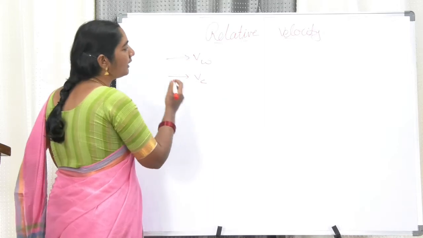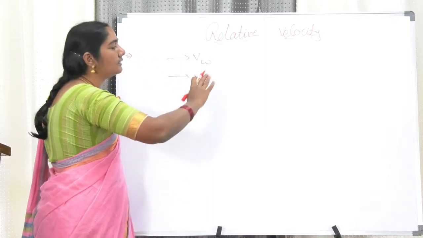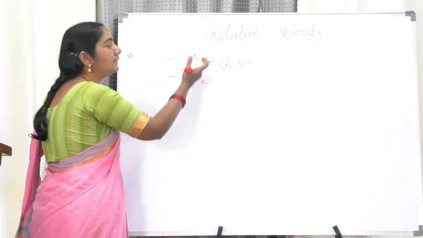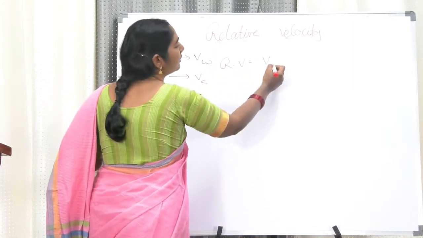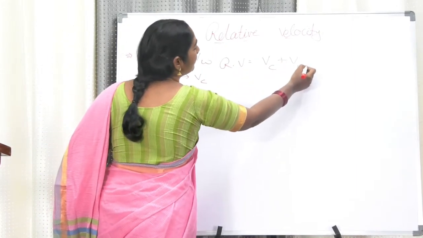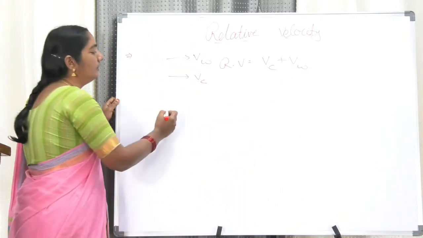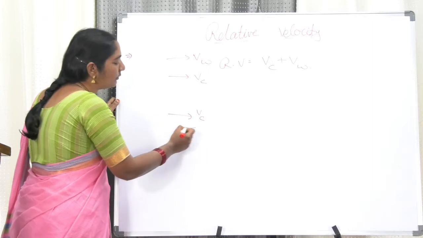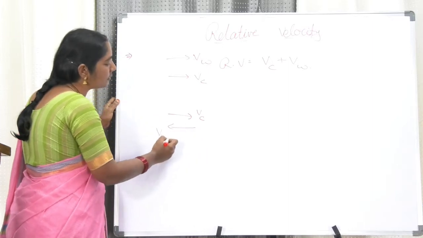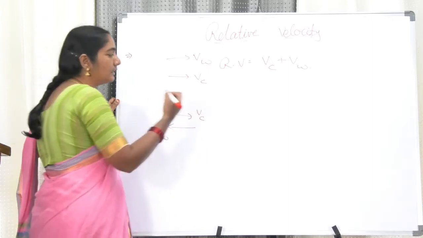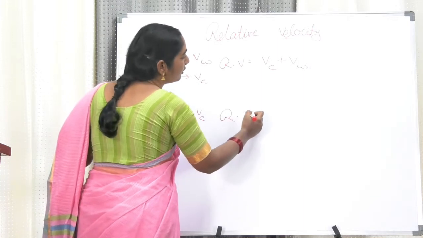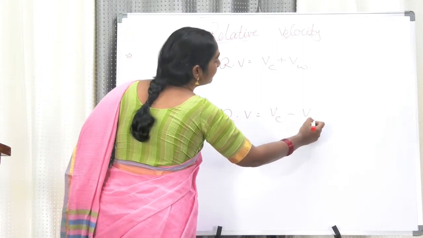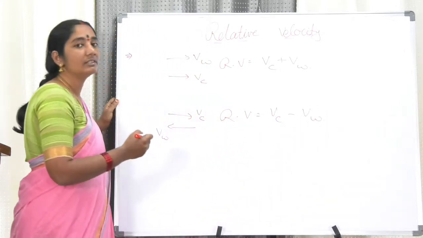When the wind and the cyclist are going in the same direction, the relative velocity is nothing but the sum of the two velocities, that is velocity of the cyclist and the velocity of the wind. If the cyclist is going like that, but the wind is going like this, the wind velocity is opposite to the direction of the cyclist. In that case, the relative velocity is velocity of the cyclist minus velocity of the wind. Already yesterday we have discussed this.